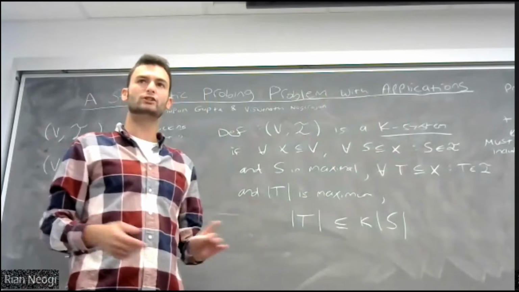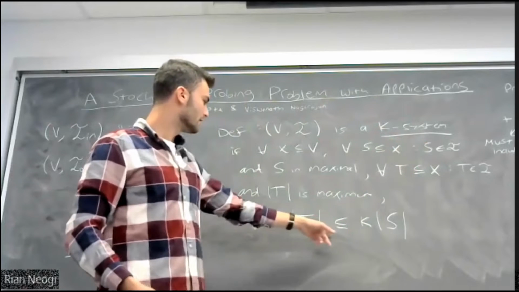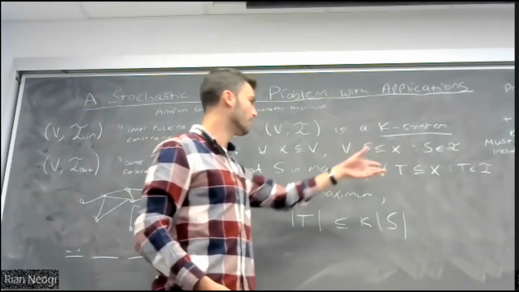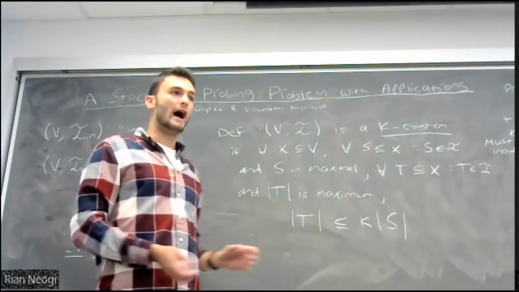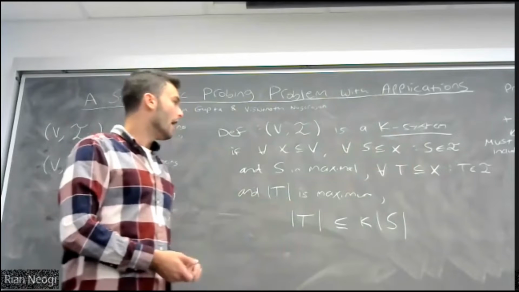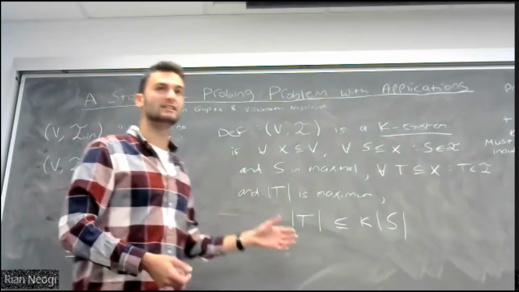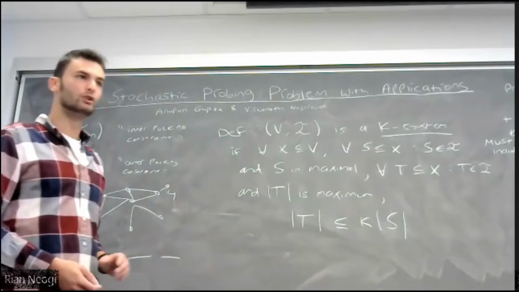So if you think of matroids, matroids would just be a 1 system, since for matroids, this is satisfied with equality with K equals 1 for all choices. Matchings in a graph would be a 2 system. And if you take the intersection of K matroids, this is an example of a K system.